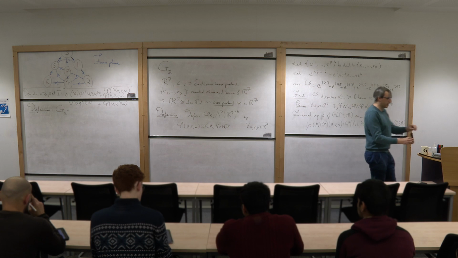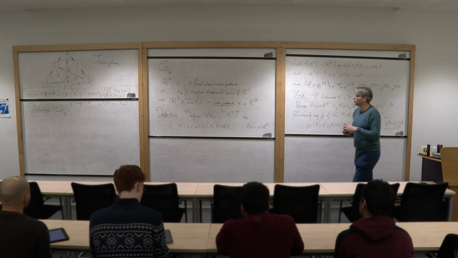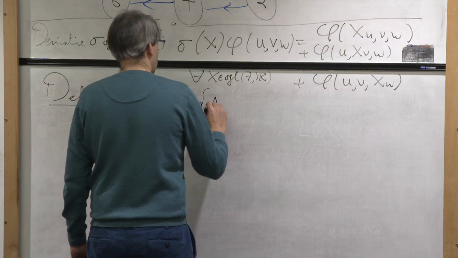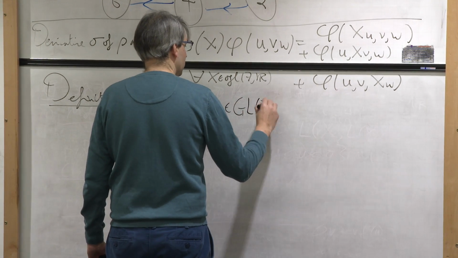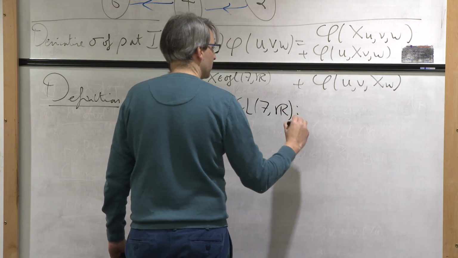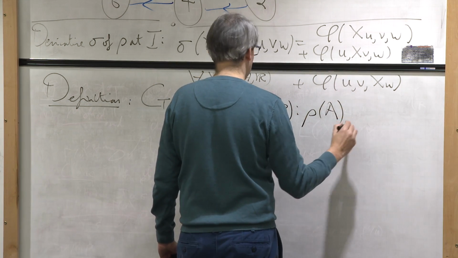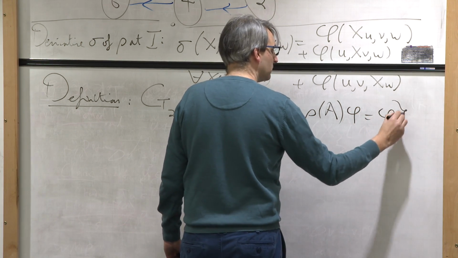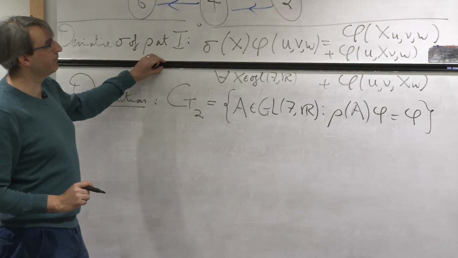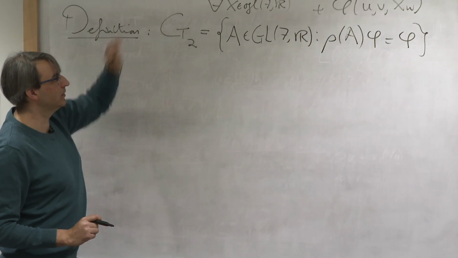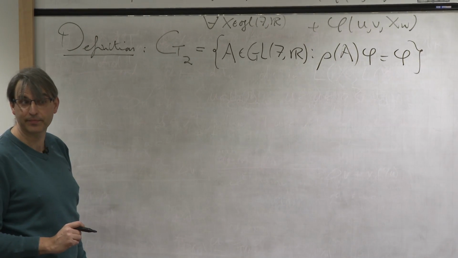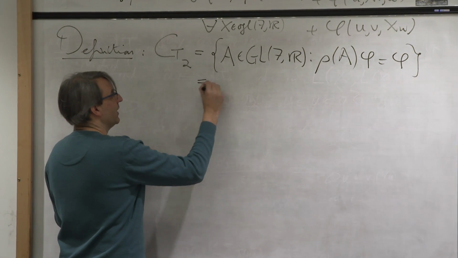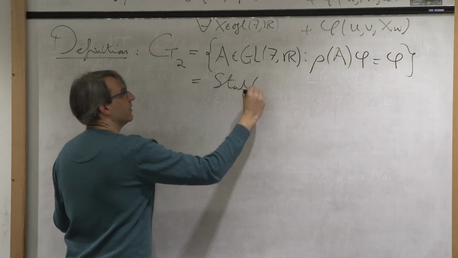Okay, so now I can tell you what G2 is. G2 is nothing other than the set of elements in GL7R such that if I act by A on phi, I get phi. So it's the stabilizer of phi.